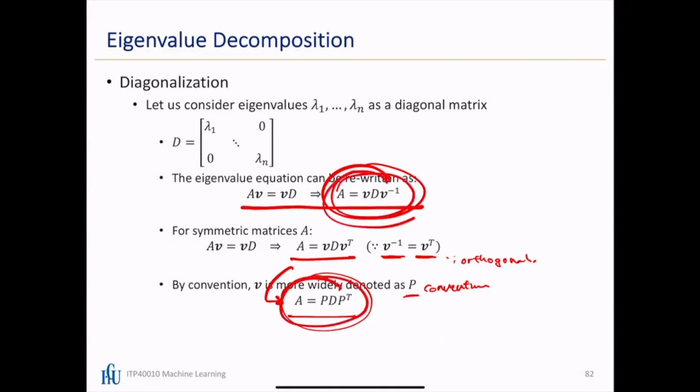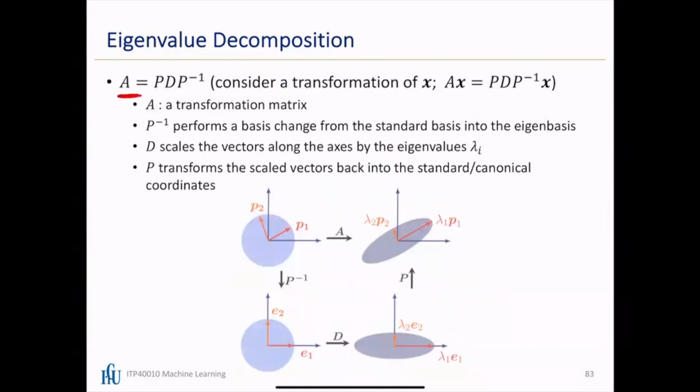So these are just notation-wise explanations, and let's now try to find what this actually means. So basically these two are the same. So let's try to see A equals PDP transpose, that is equivalent to P D P inverse. You have two input vectors, P1 and P2, and you apply the matrix A. So every matrix is a linear transformation.